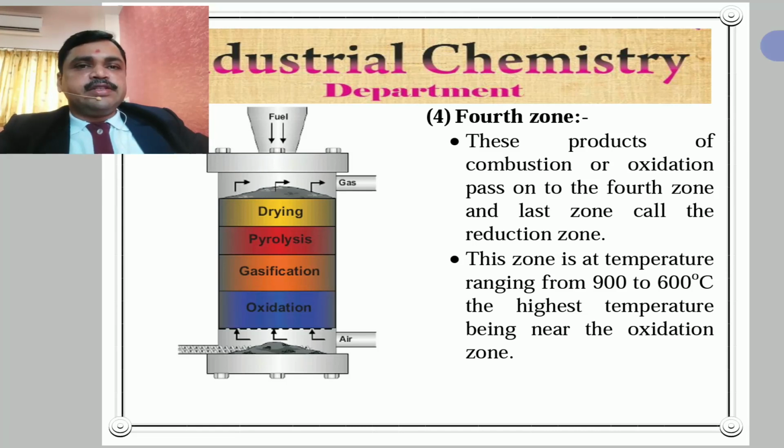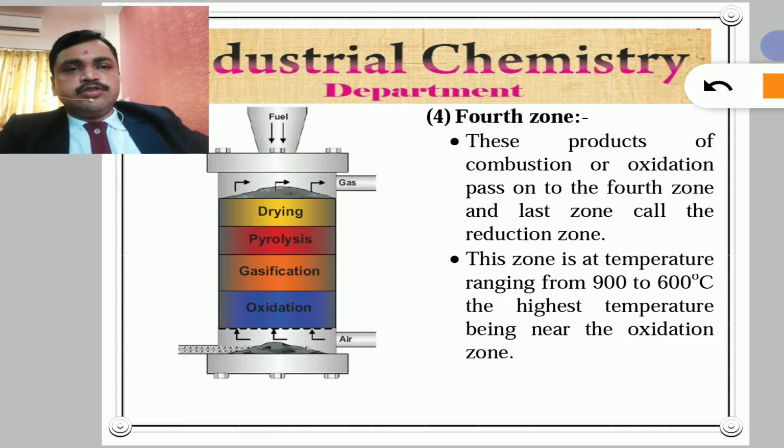Here the temperature is down. In the oxidation zone the highest temperature is 900 to 1200 degrees Celsius, but in the last zone it is only 900 to 600 degrees Celsius.